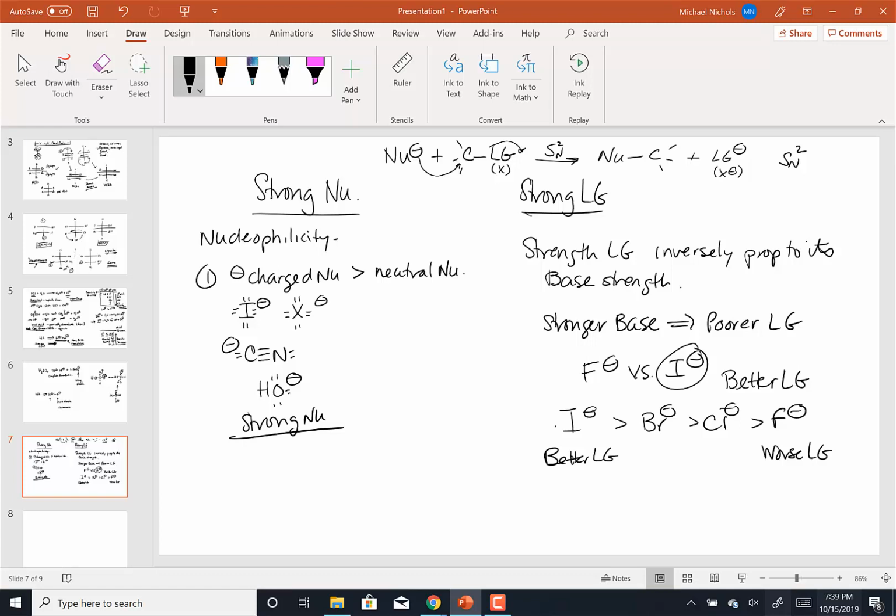And we have to start somewhere. So negatively charged nucleophiles will be strong nucleophiles. Neutral nucleophiles we will consider to be weak. So what are some examples of molecules that have lone pairs that they can donate, but they're neutral? Well, that's easy enough.